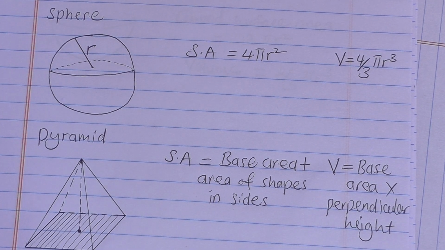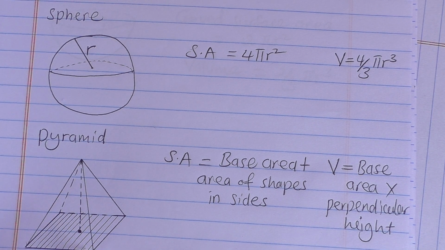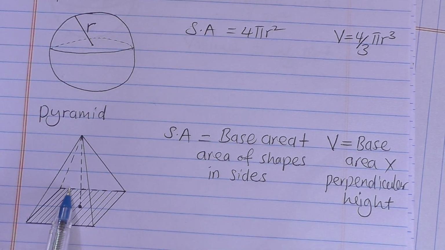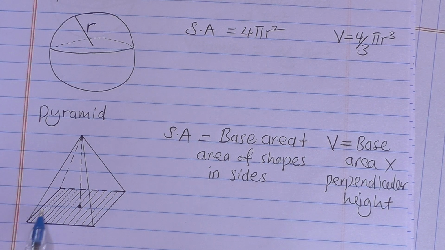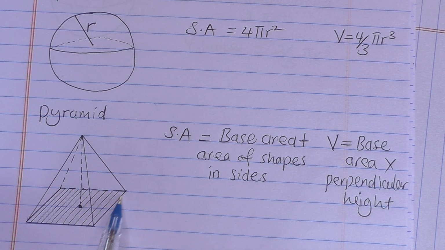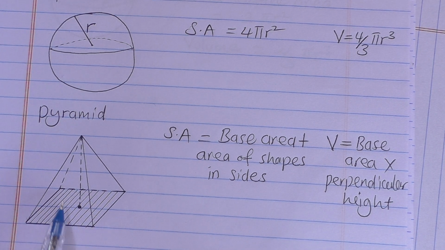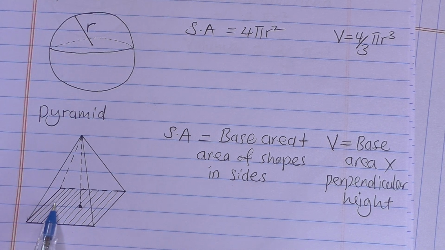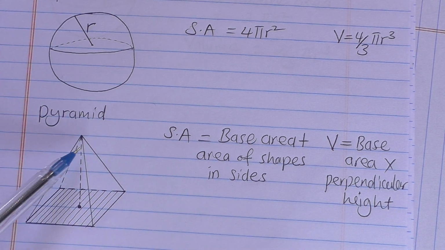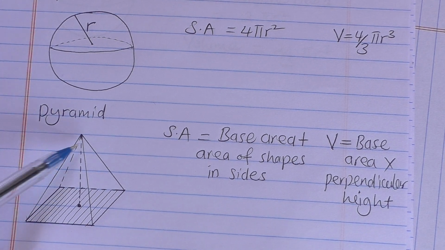Then let us look at a pyramid. For a pyramid, the surface area is given by the area of the base of the pyramid. Some are square based and others are rectangular based. So you get the area of the base plus the area of these shapes that are making the sides.